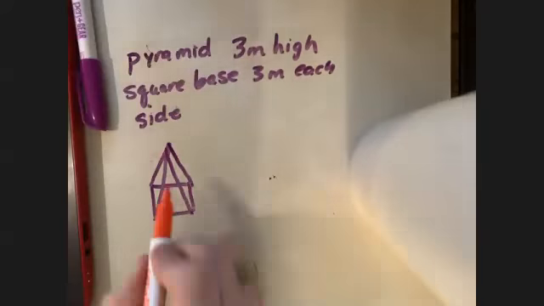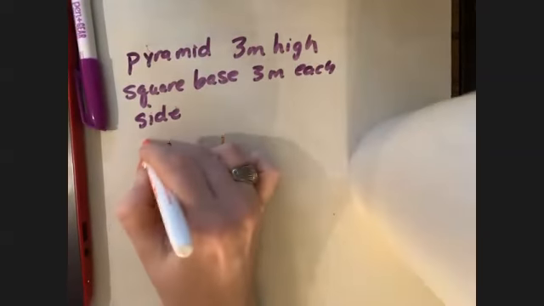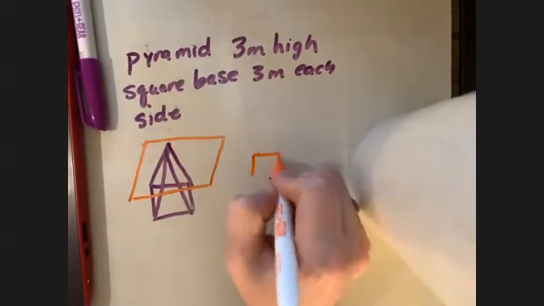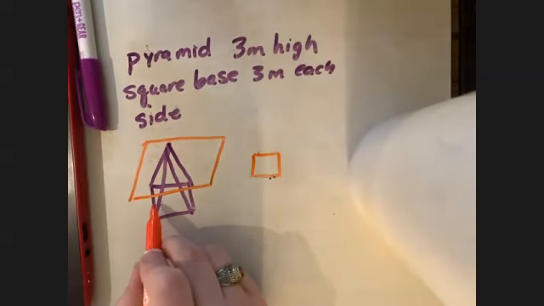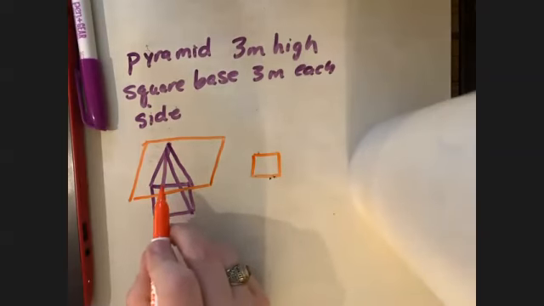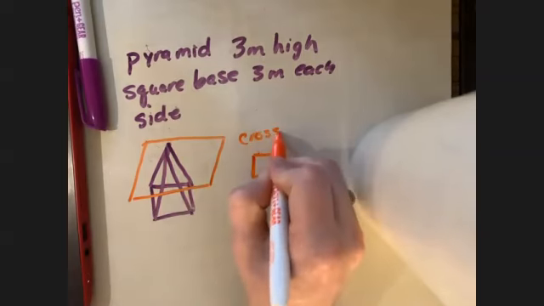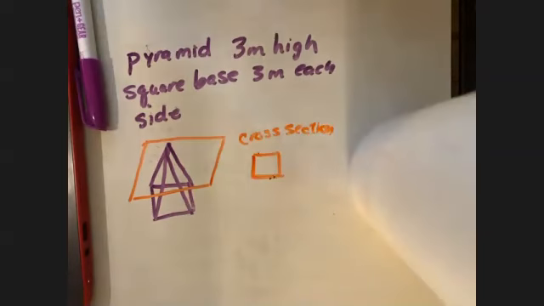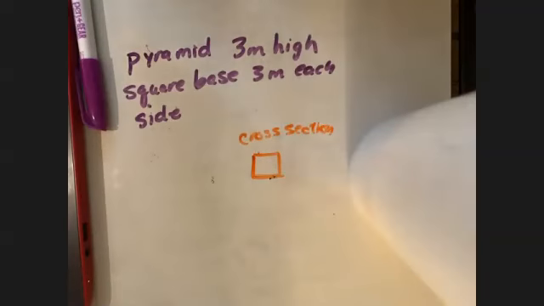If I cut a cross section into this, the shape I'm going to get on that cross section is a square. Because think about it, this is basically just a square stacked on another square, and each square is getting smaller. So this cross section is a square.